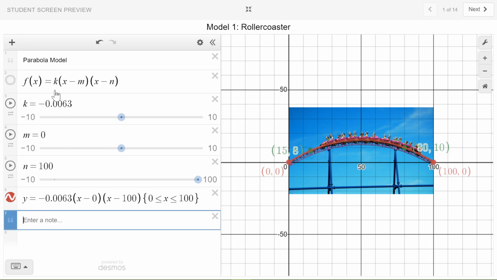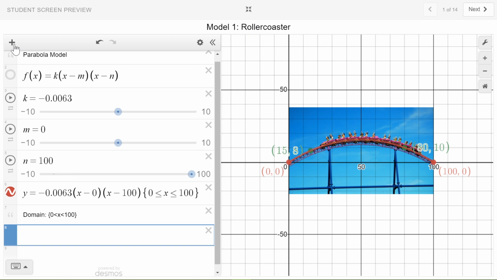Here's a note. Domain is from x equals 0 to 100. Okay, you might want to use less than or equal to symbols there. Then I'm going to type in my range.